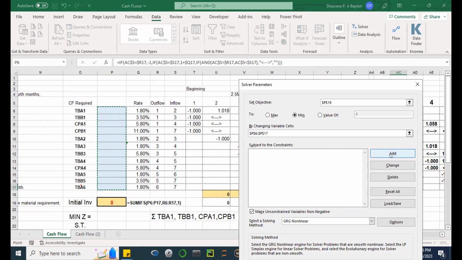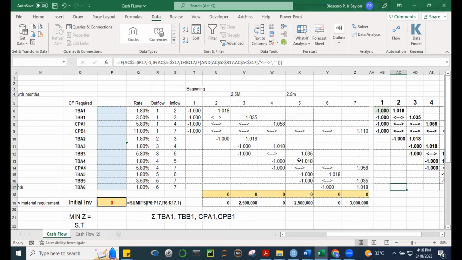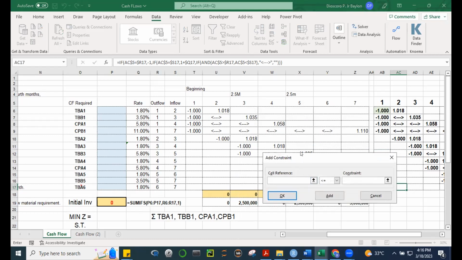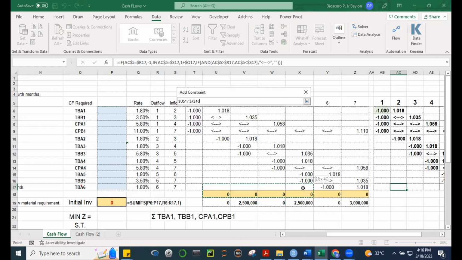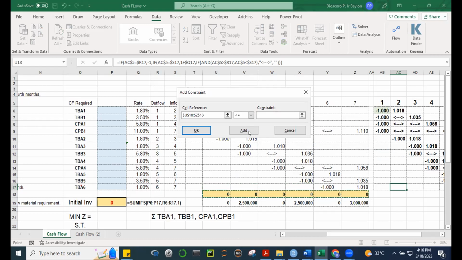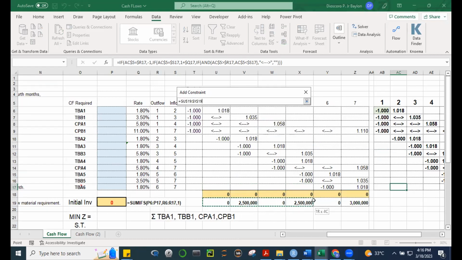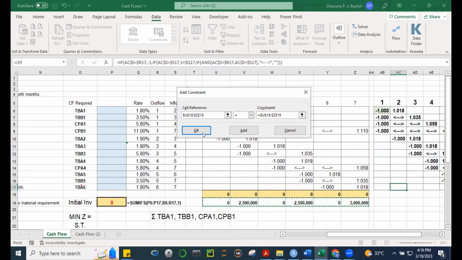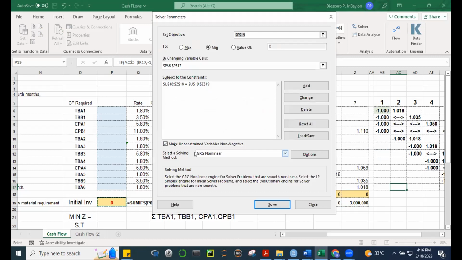And this is subject to these net cash flows being equal to these amounts. All right? And then non-negativity, and then we can use the simplex linear program.